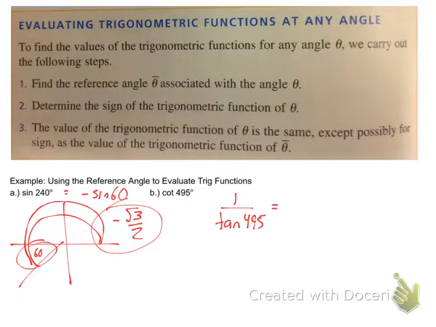What are you going to do? Subtract 360. If I subtract 360, I get 1 over the tangent of 135. So the cotangent of 495 is the same thing as 1 over the tangent of 495, which is the same as 1 over the tangent of 135.